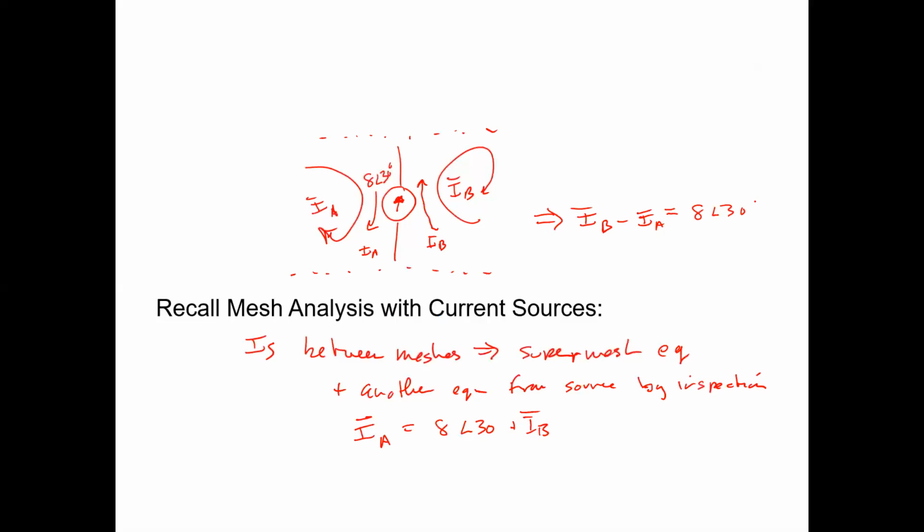So I think I agree with Alex. Or well, no, wait, it's IB minus 8 angle 30. Wait, what? So I say IB minus IA has to have a net of 8 angle 30. So therefore, IA equals IB minus 8 angle 30.